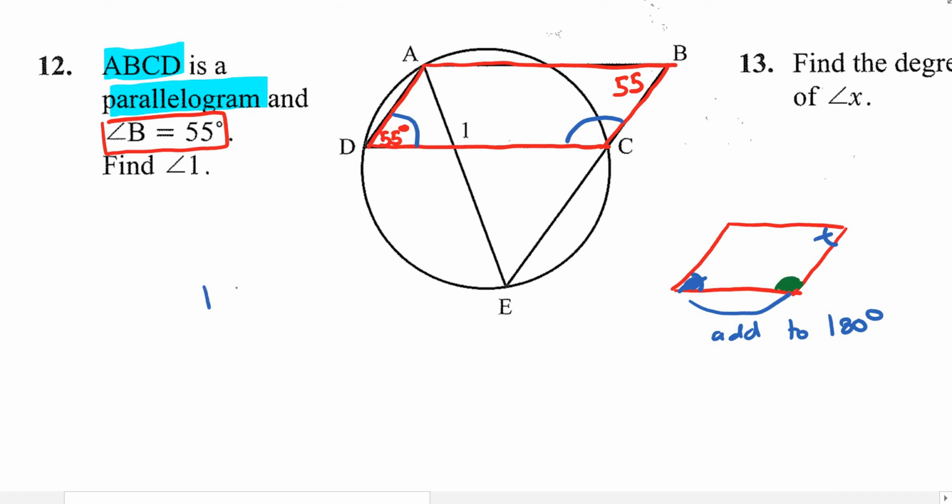So I can do 180 minus 55 degrees. I can do that really quickly, and that's going to be 125. So this is going to be 125 degrees. Let me erase that now. Is that 125 degrees? Okay.